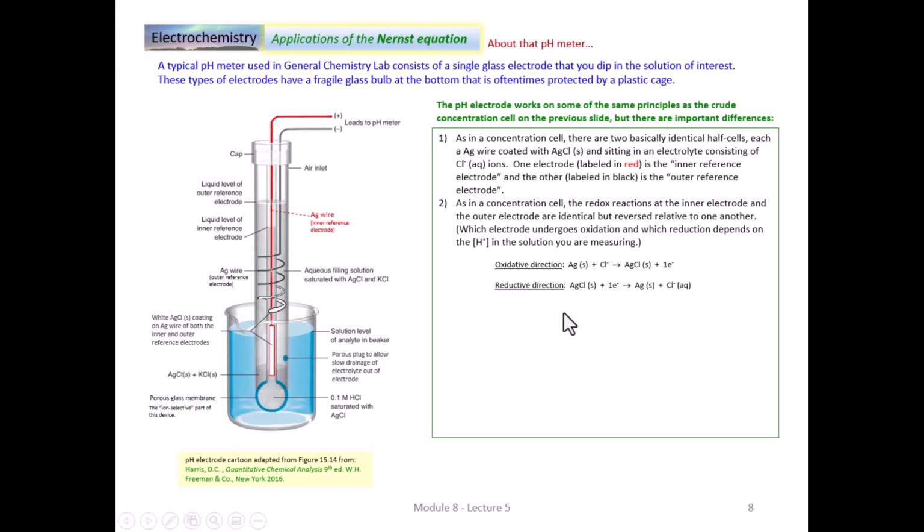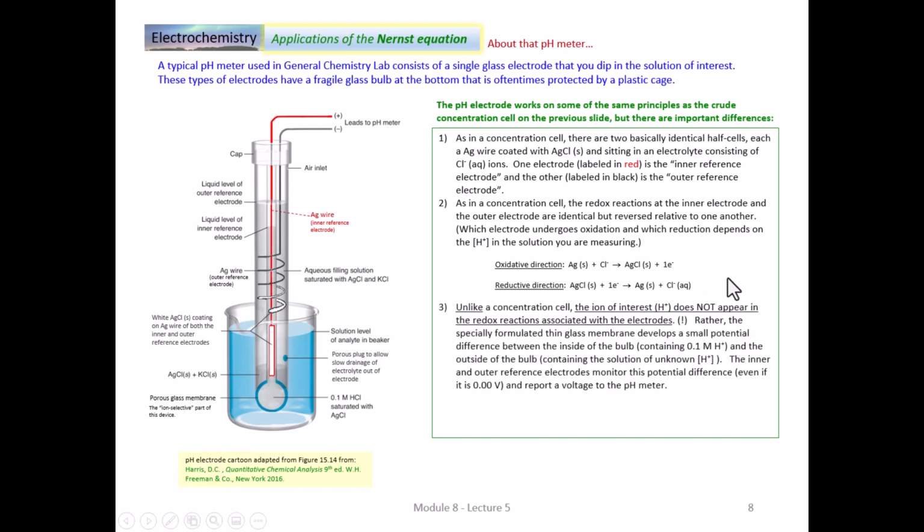In the oxidative direction, silver metal would react with chloride, and an electron would be removed from the silver metal. You'd end up forming silver chloride, and that electron that's removed is right here. In the reductive direction, silver chloride would be reduced back down to silver metal and a chloride ion.